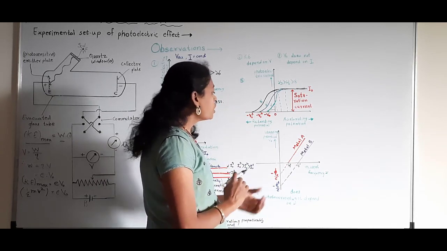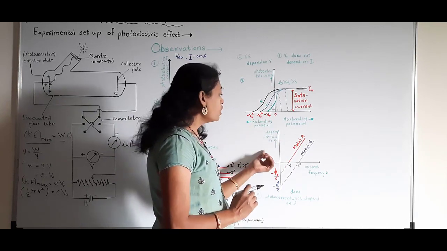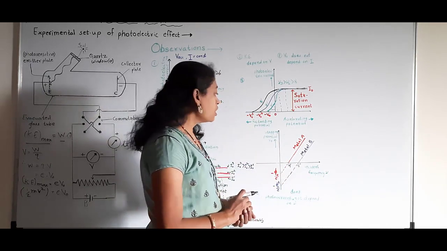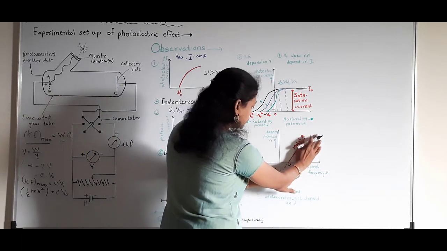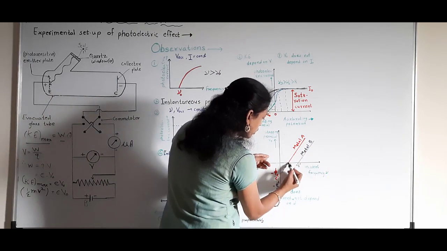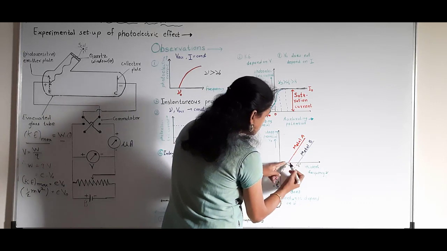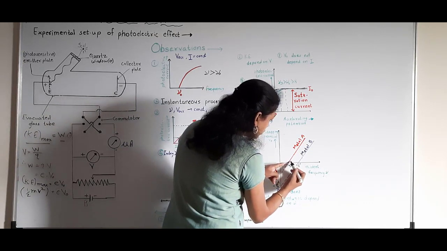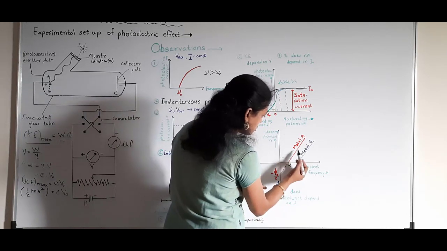And again, if we consider the graph of stopping potential versus incident frequency, only considering the line for metal A, what happened here? See, at this point nu 0, as incident frequency increases, stopping potential increases.